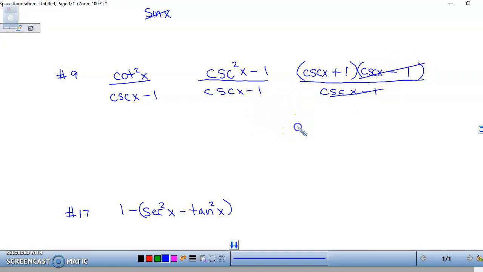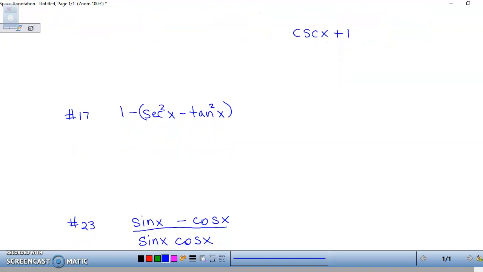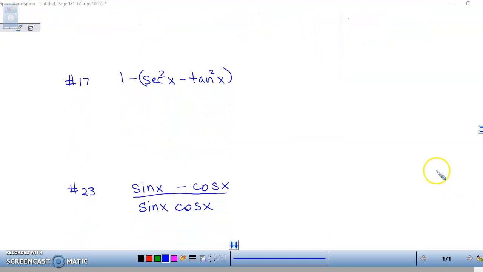So my final answer is cosecant x plus 1, which corresponds to U. So 9 is going to be connected to U, the letter U, not you as a person. Crazy.